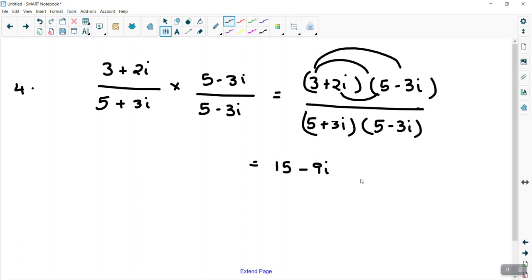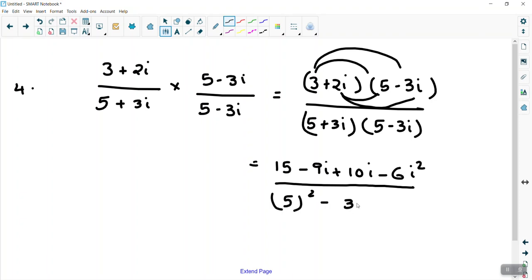Now we do this multiplication, which gives us 10i, and then positive and negative, so negative 3 times 2 is a 6, i times i is i squared, divided by, remember to use the identity, which gives us 5 squared minus 3i also squared. So here now we combine like terms, so 15 minus 10 minus 9 plus 10 is just 1. We don't write 1, and it's positive because 10 is the bigger number and it's positive, minus 6i squared.